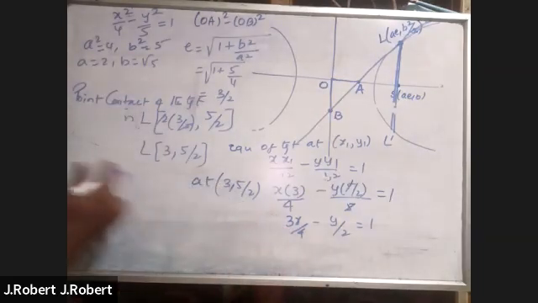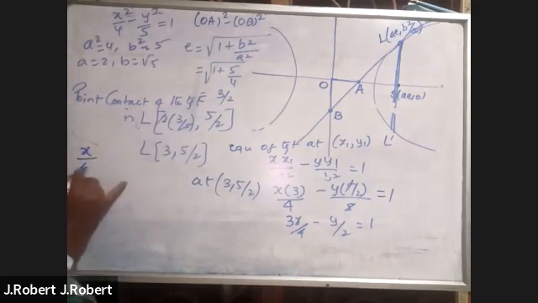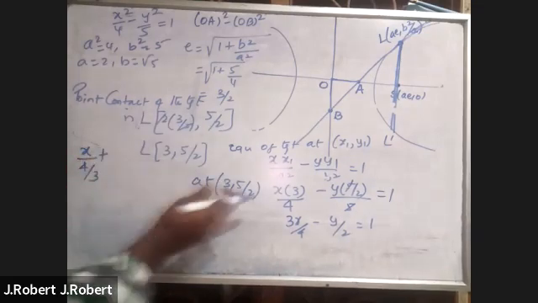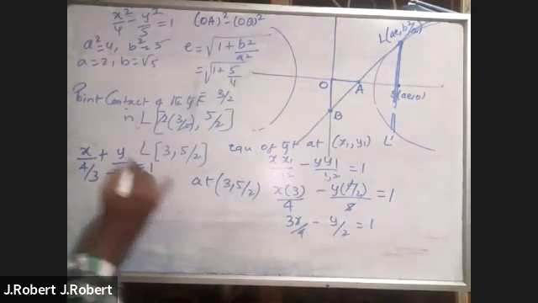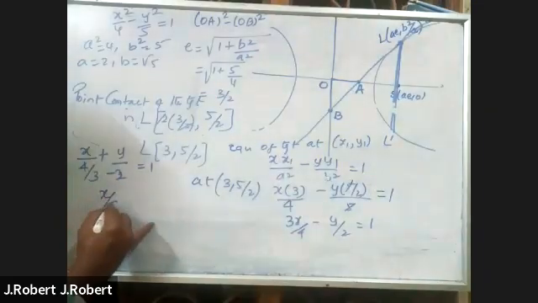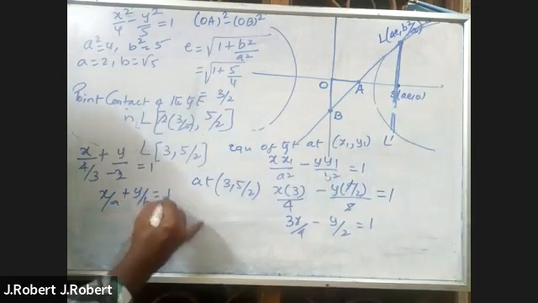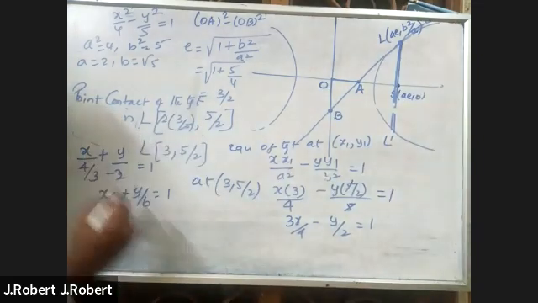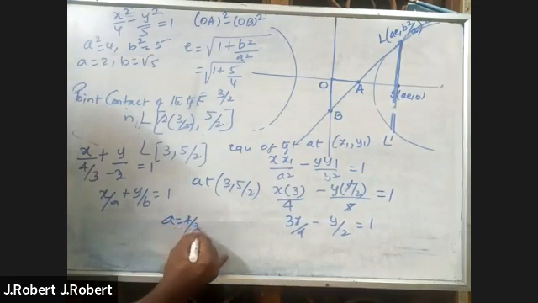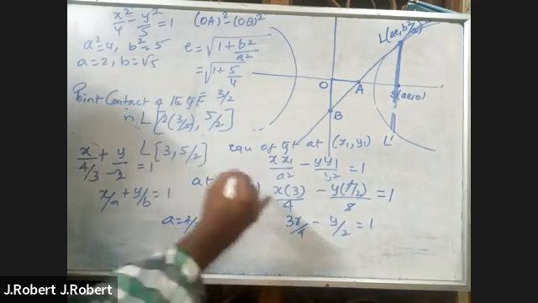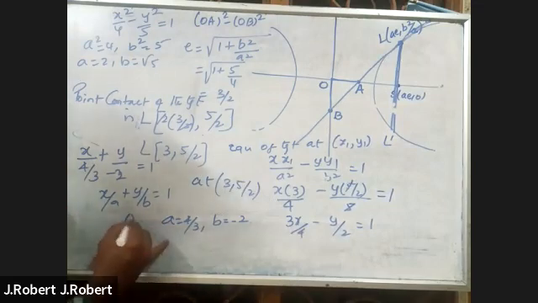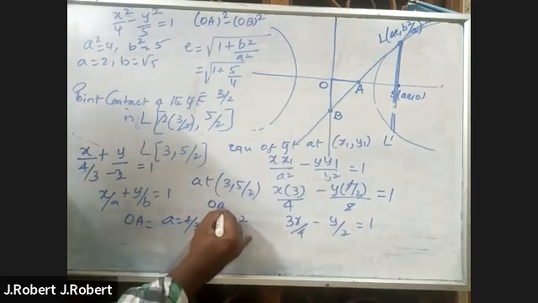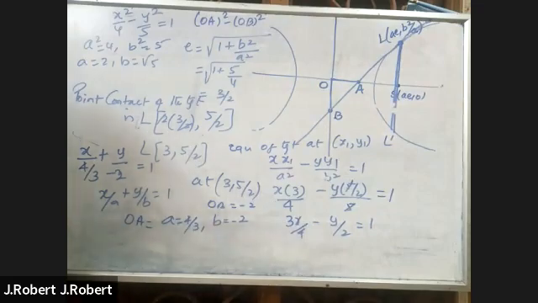Putting 3 below x gives x divided by 4 by 3, and here it is plus, so putting minus 1 below gives y divided by minus 2 equals 1. This is of the form x by a plus y by b equals 1, the intercept form. From this we can say a equals 4 by 3 and b equals minus 2. Correct? That a is OA and this is OB.